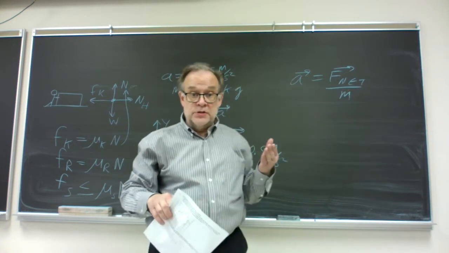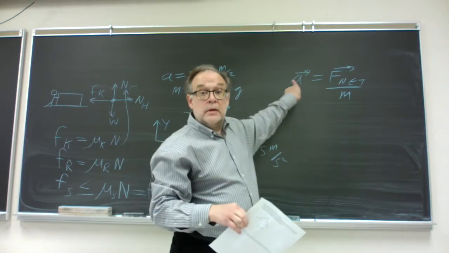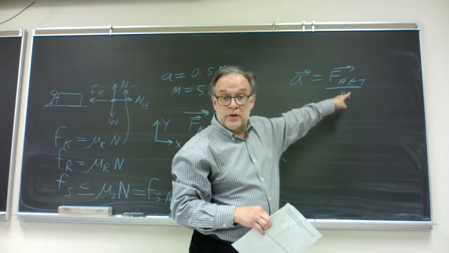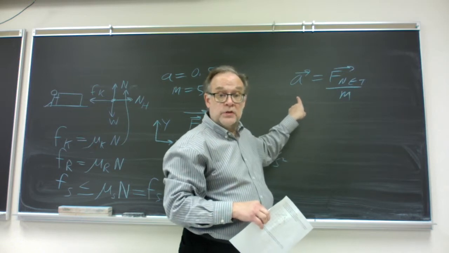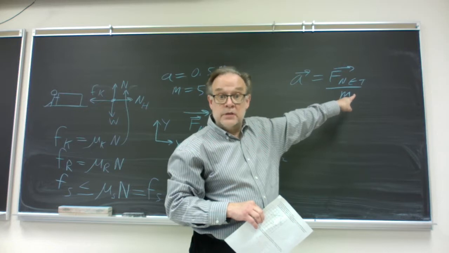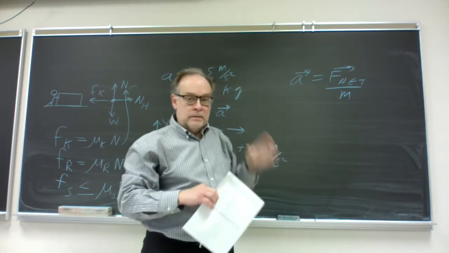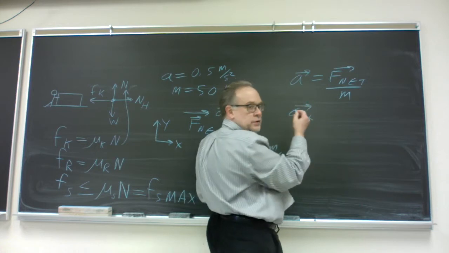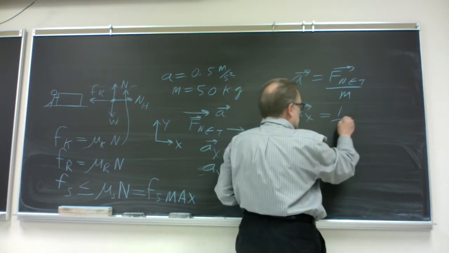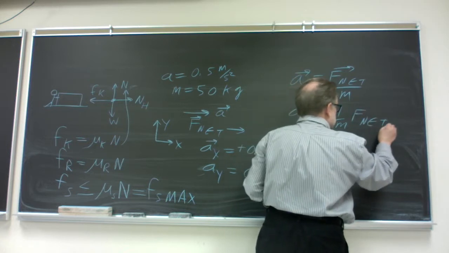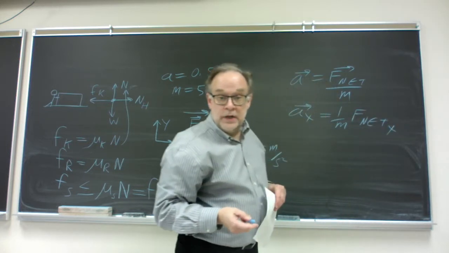If those vectors are to be equal, the x component of this vector has to equal the x component of this vector, and the y component of this vector has to equal the y component of this vector. In other words, x component of the acceleration is just 1 over mass times x component of the net force.